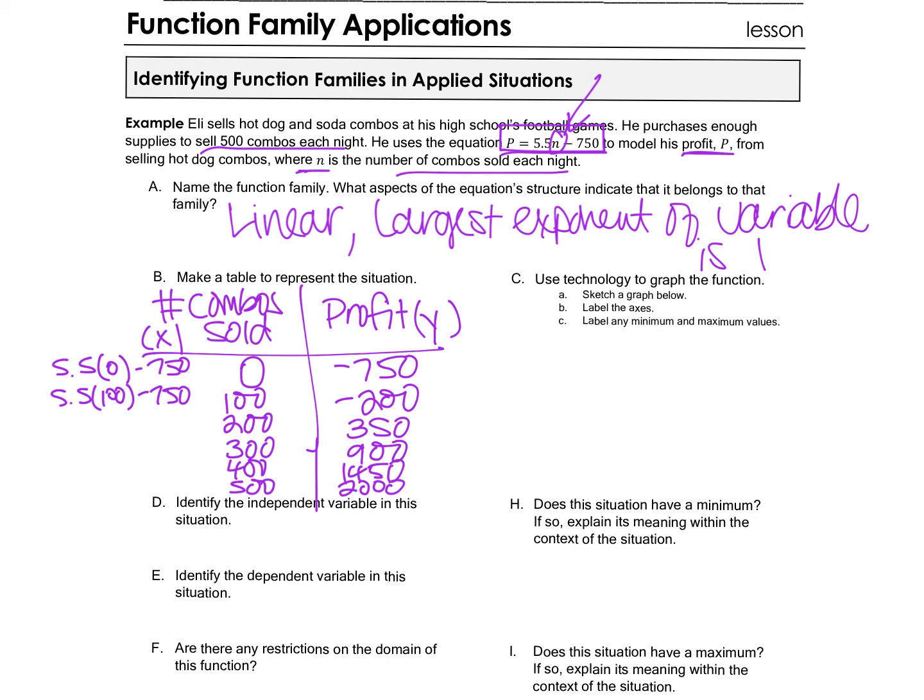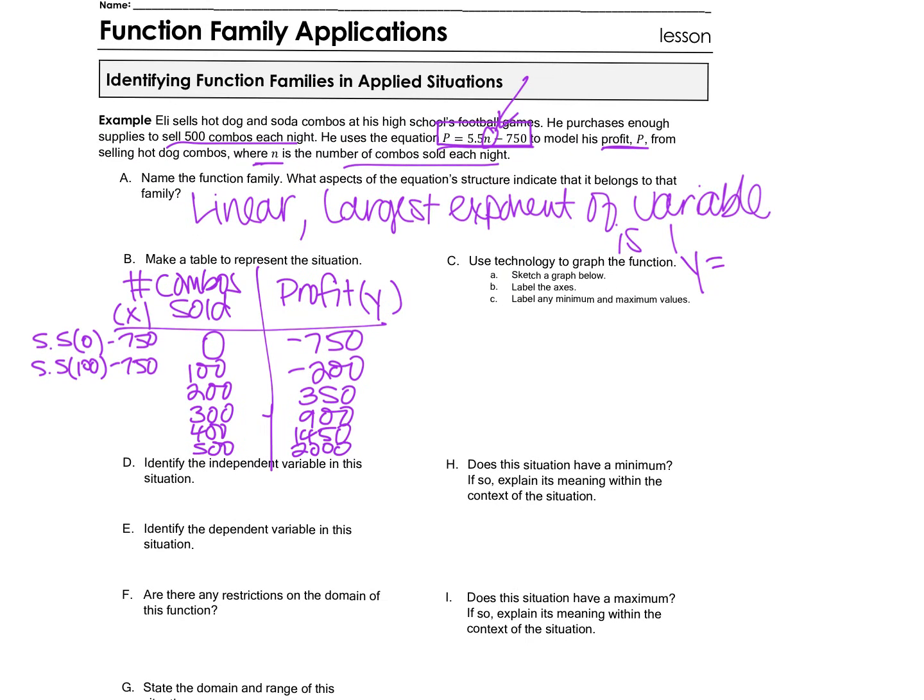Okay, so now what we're going to do, it says use technology to graph the function. So you can either use your own calculator, or you can use the Desmos 84 app. So we're going to go to the Y equals, and we're going to type in our equation that we were given. So 5.5, we're going to use an X, and then minus 750. Okay, so if you press graph on your calculator, then you're going to see a straight linear line, which we already said it was a linear equation.